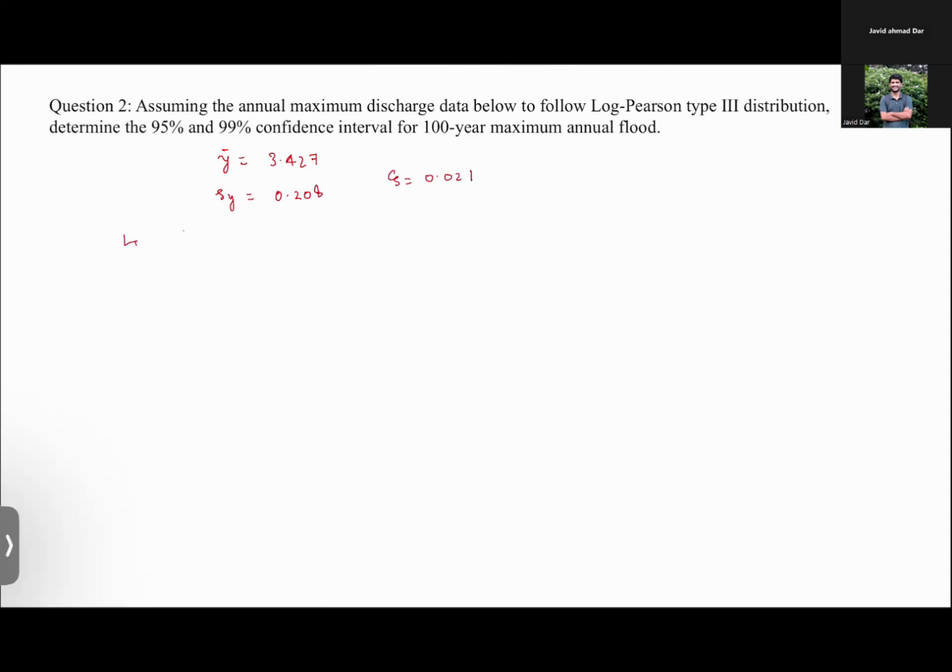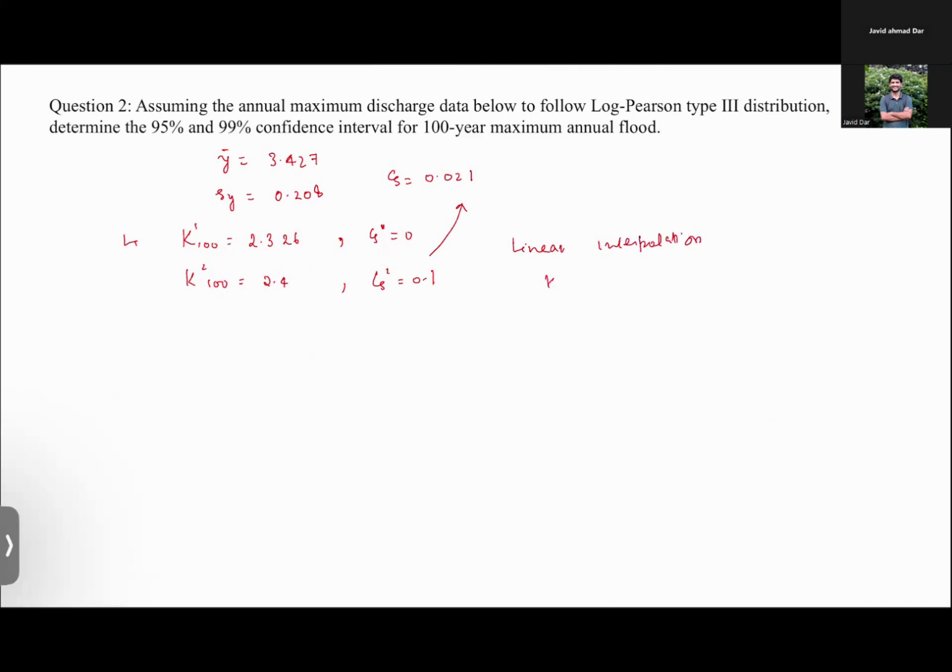And if you remember, K lower limit for this return period was 2.326. Upper limit was around 2.4. This was corresponding to when Cs was 0 and this was corresponding to when Cs was 0.1. Since we need the K corresponding to Cs 0.021, we use the concept of linear interpolation.